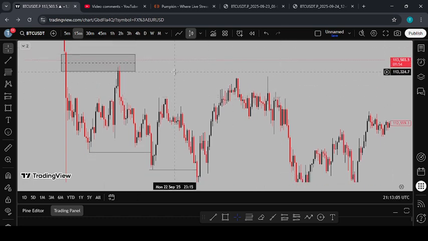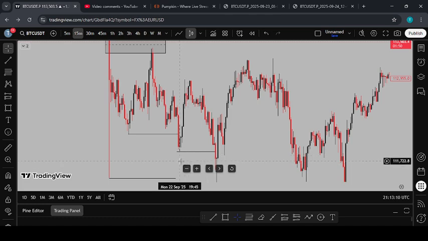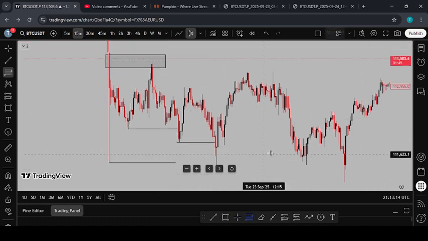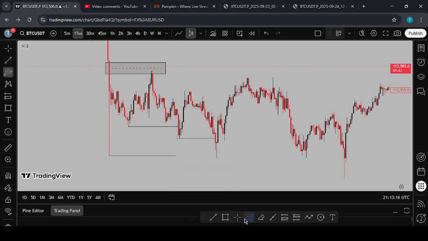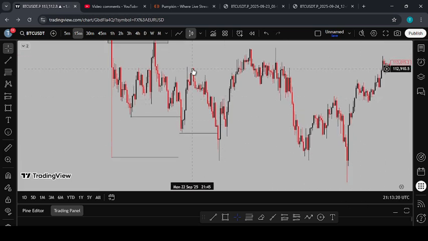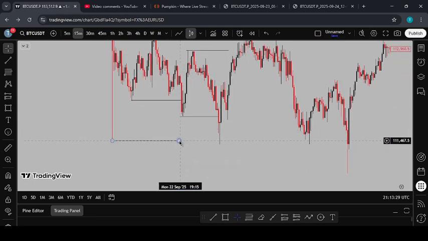Okay, there's a level of imbalance resting there. So immediately I saw that market has created this form of inducement. I cross-checked, then market came down. Then this was another confluence, right? When market created the inducement and sold to the downside, it also created a form of equal lows right here.